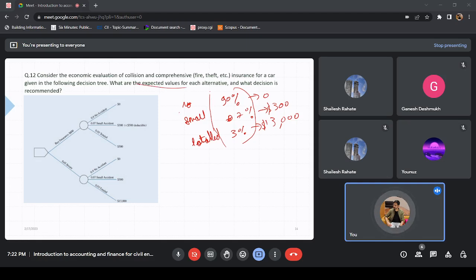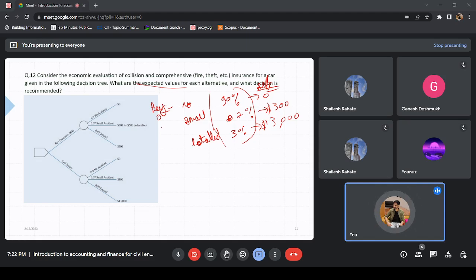So if you buy insurance, this is the self case where you pay this amount. If you buy insurance, in case of no accidents, again zero, insurance won't be paying you anything.